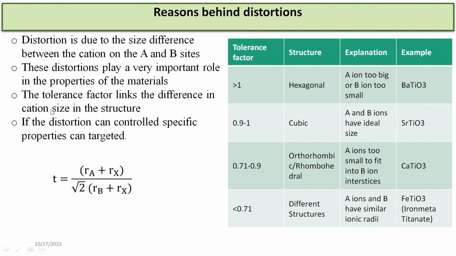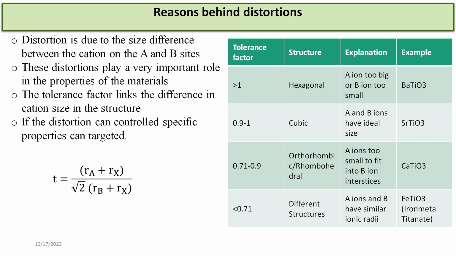As we know, A is a large cation and B is a small cation, so the sizes of these cations are different. Due to this difference in sizes, the perovskites do not have the ideal crystal structure.